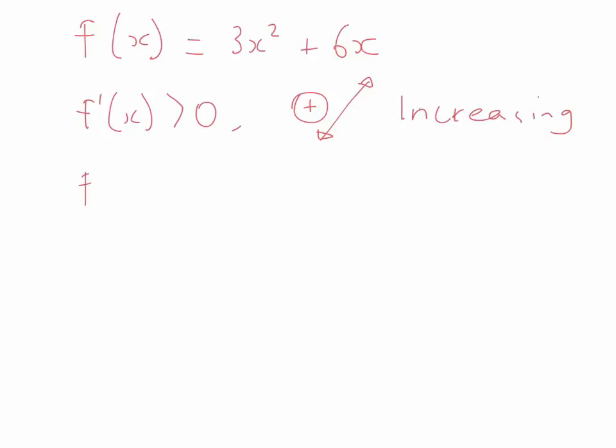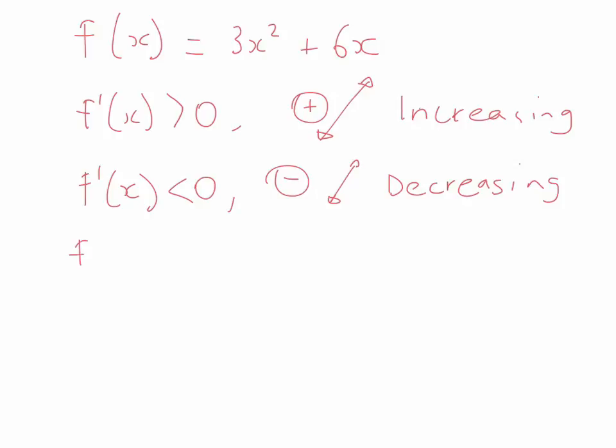Similarly, if I went and said my first derivative is negative, it means I have a negative gradient, and we call that, no surprise, a decreasing function. Okay, so we say for those values, the function is decreasing. And then in the same way, if f dash x is equal to 0, what we actually say is that it is stationary.